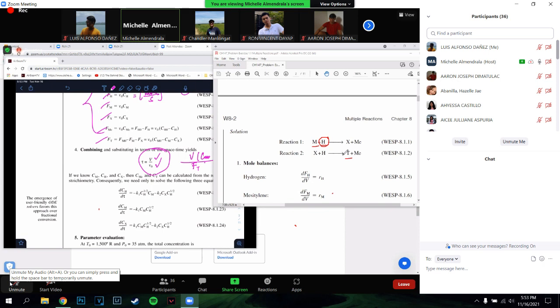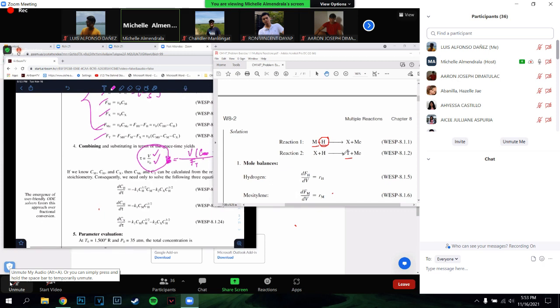So this is an expression for V sub O, correct? So that is an expression for V over V sub O. This is an expression for tau. All right, so this is the tau.